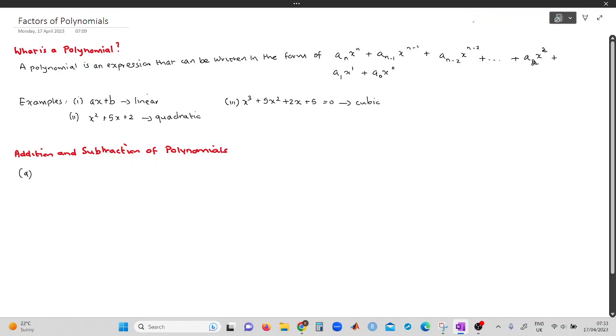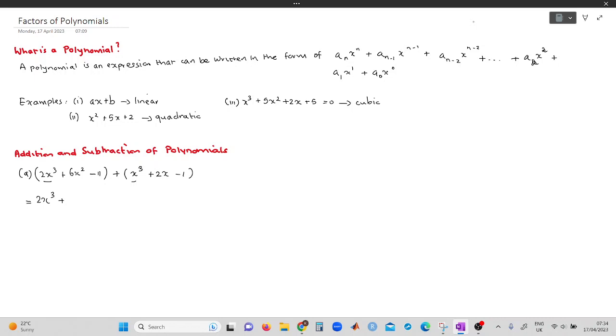So the first one, if I ask you to find, let's take 2x cubed plus 6x squared minus 11, plus x cubed plus 2x minus 1. So here we can see that like terms will be together. We have 2x cubed plus x cubed together. We have 6x squared in the first one, but in the second we don't have any x squared, so it remains the same.